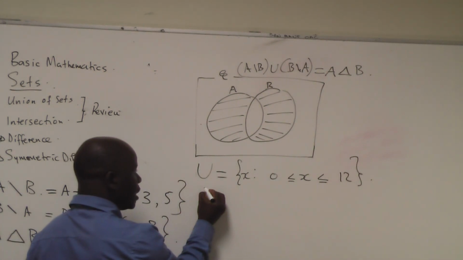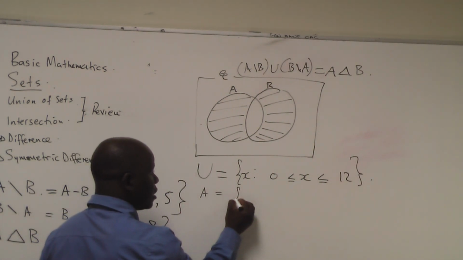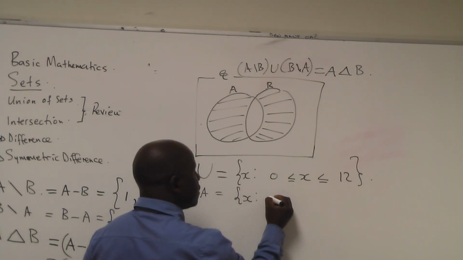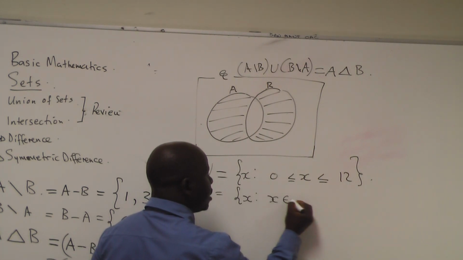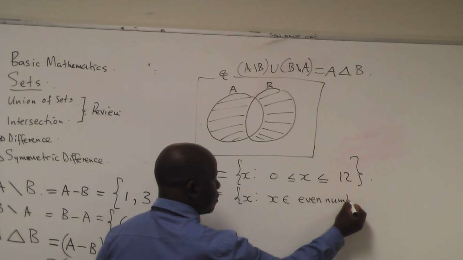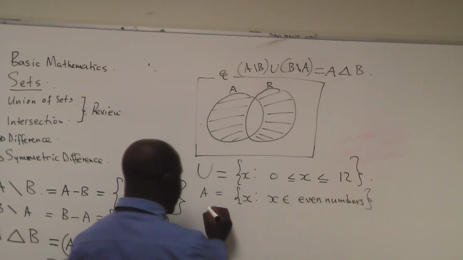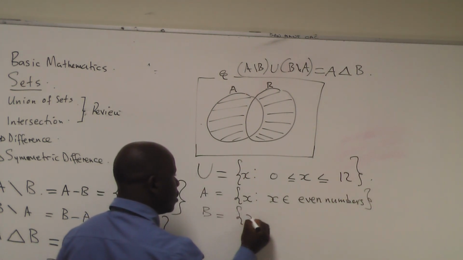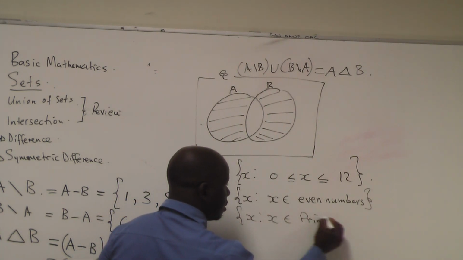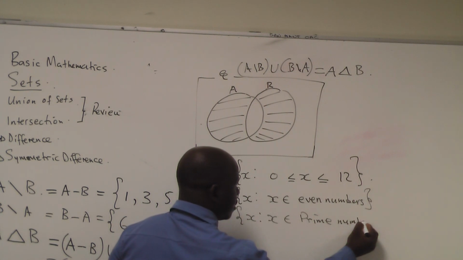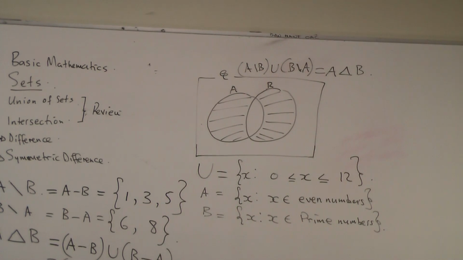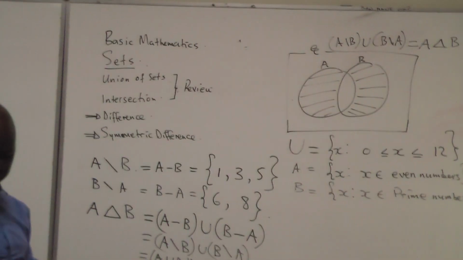And let me define set A as the set containing X such that X is an element of even numbers. And let me have B containing X such that X is an element of prime numbers. I want to illustrate the set difference A, set difference B.